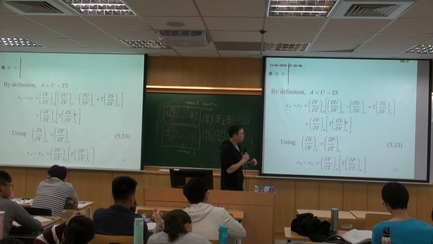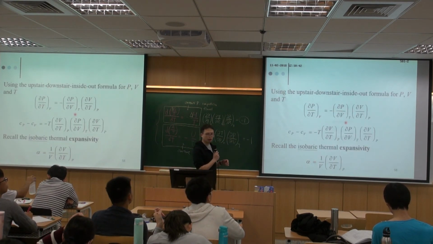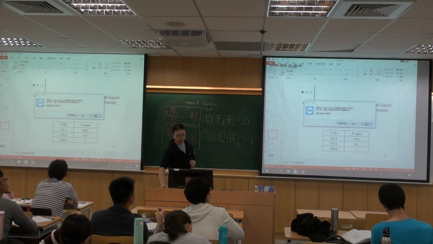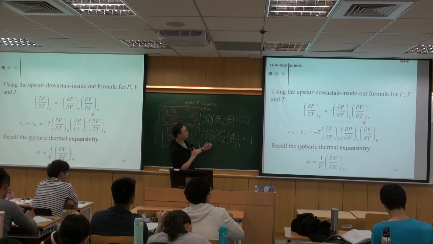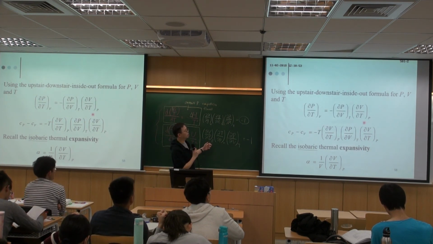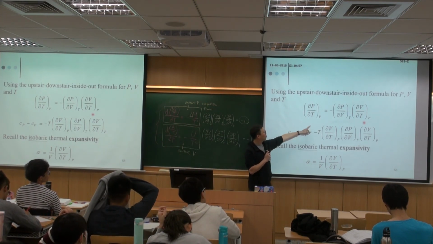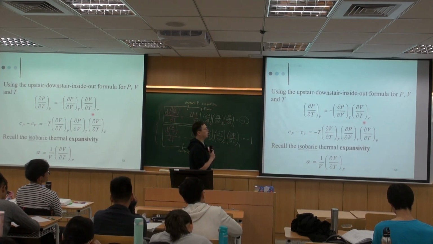And the last thing is the magical part. We use the upstairs, downstairs, inside-out formula here. Sorry for that. We use this one that I just wrote down, which is fairly useful. Then we know that the above expression is simply the product of those three.